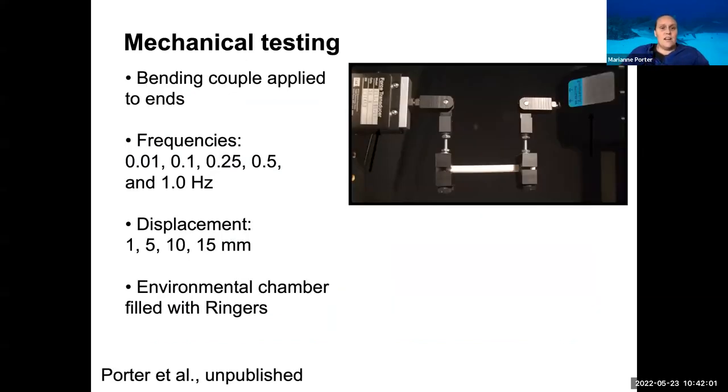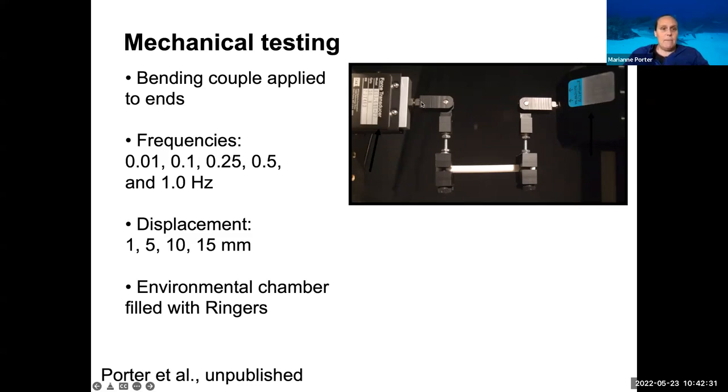So here is our setup. What we were able to do is take a linear system. So this is a material testing system from MTS, and we've got our force transducer, our load cell right here, and our actuator right here. And this was a linear system that kind of moved in this direction, if you can see my arrow. And what we did was modify this so that we were able to look at bending.